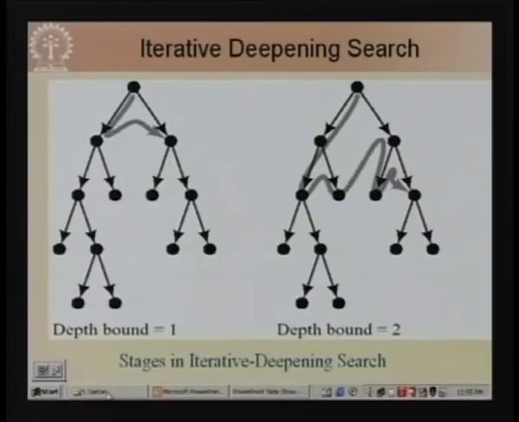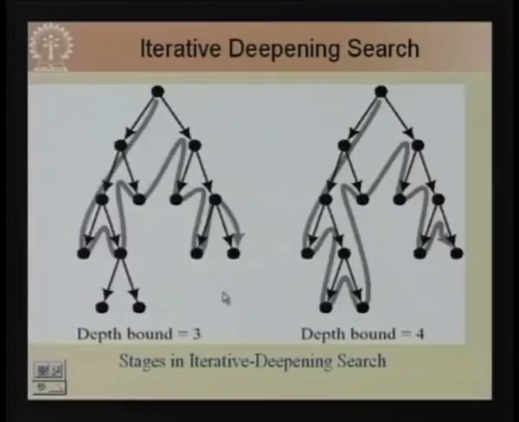Then we set limit equal to 3, for which we get this, this, this, this, this, this and so on, and then we set limit equal to 4, and we have a depth first search of the search tree with depth bound equal to 4.